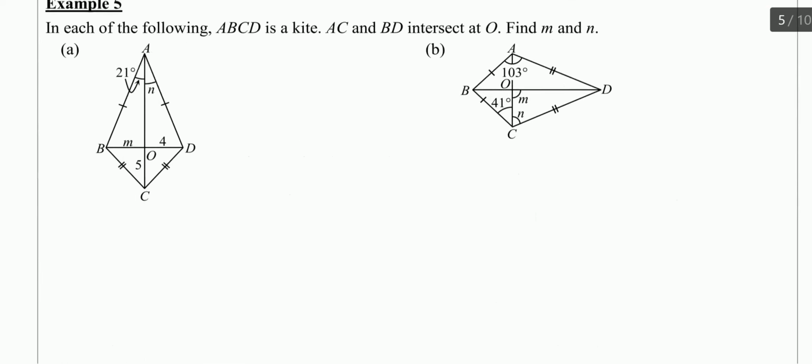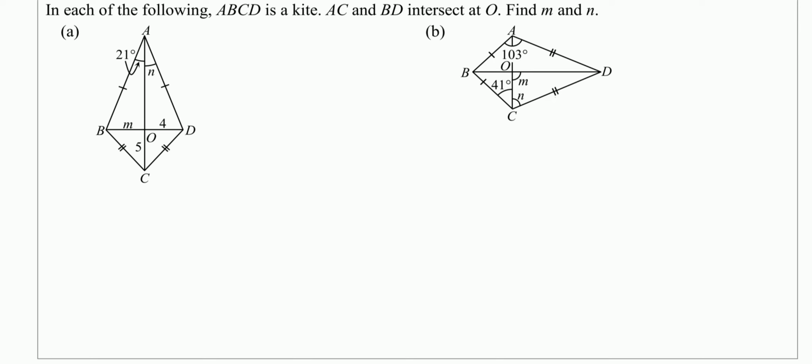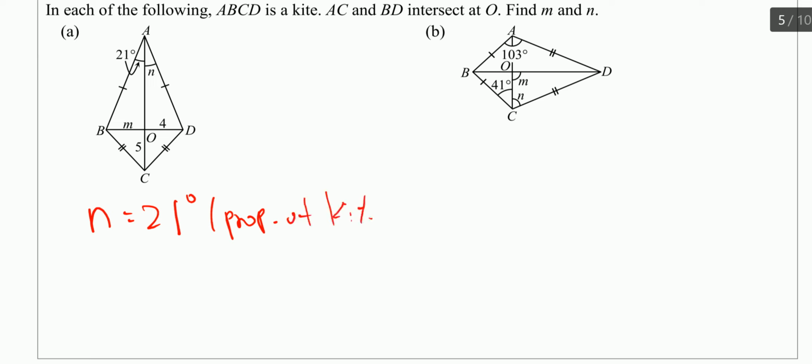The calculation is not difficult: n equals 21, which is a property of the kite, and then m should equal 4. Again, that is a property of the kite.